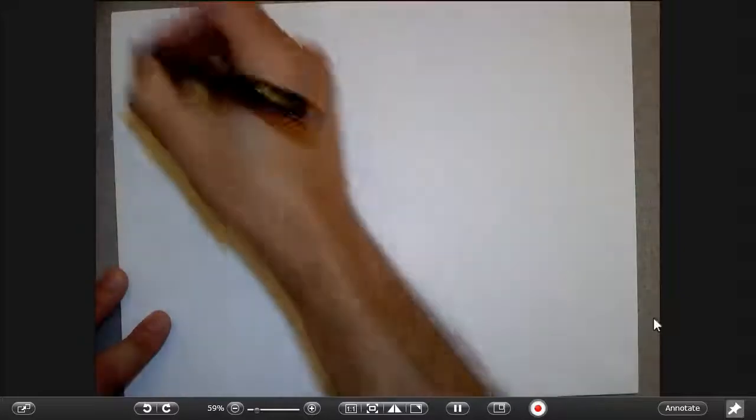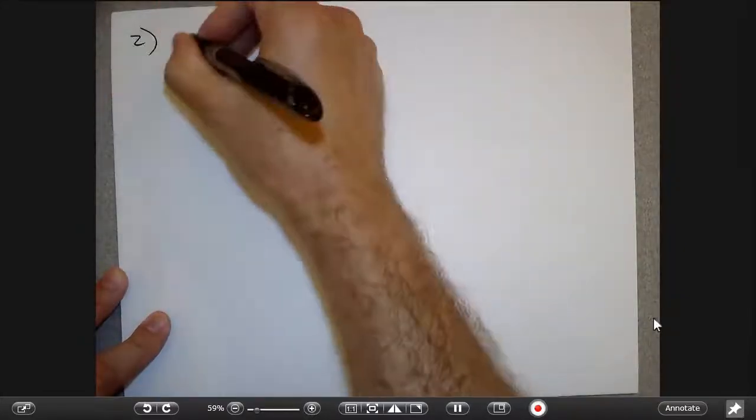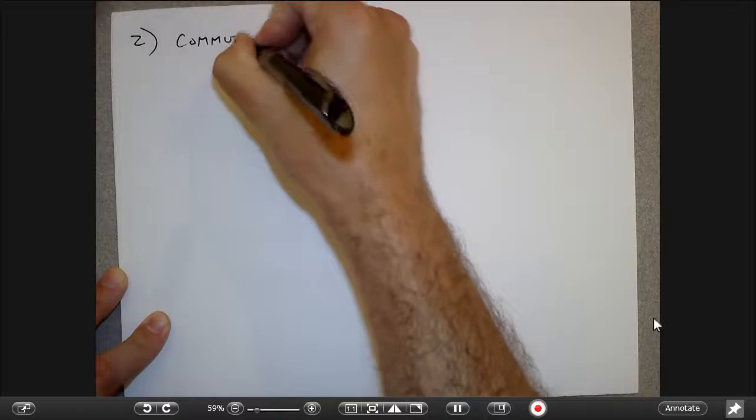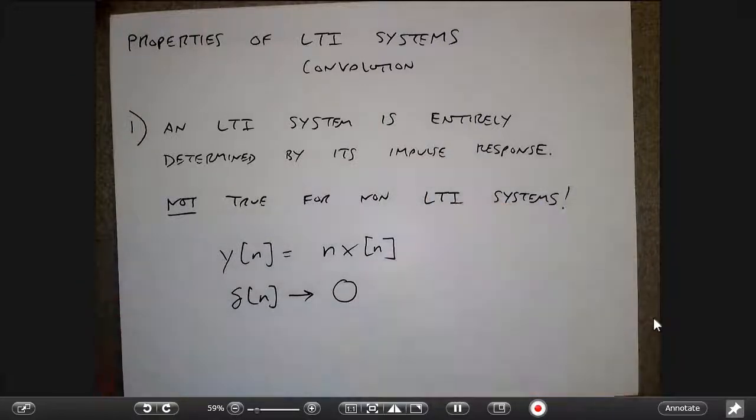So, commutative property. Oh, before I go on to this, let me just say one thing. It is true that if I know the impulse response, I know everything about the system, right? It is also true that if I know the response to some special input, and I can write any other input in terms of that special input, then that thing characterizes the system too.